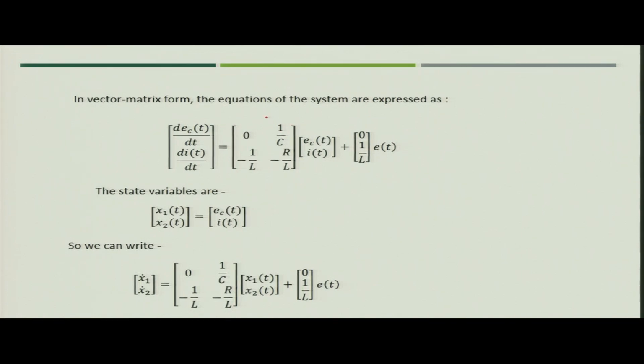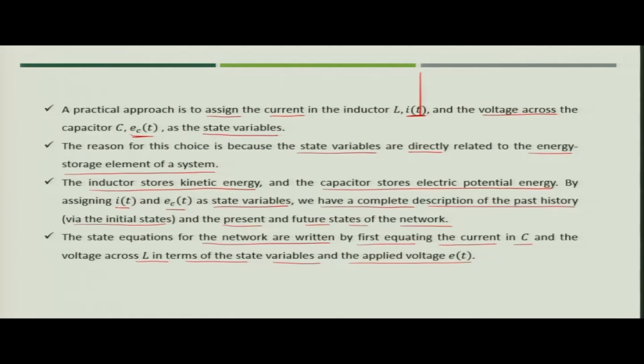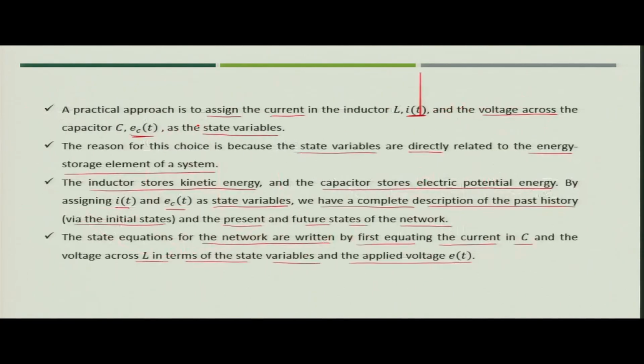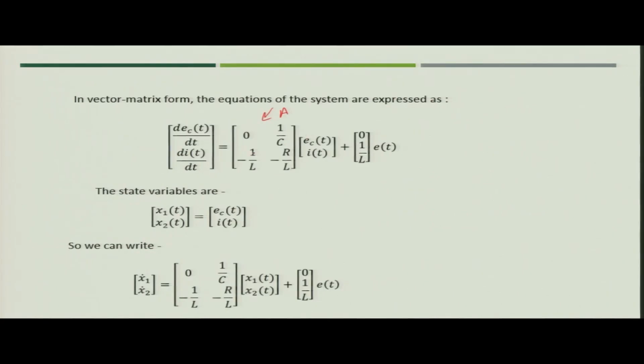So, the components of the A matrix will be 0 and 1 by C in this case. For the second equation, that is the value of dI by dt, we can write for Ec it is minus 1 by L, and for I it is minus R by L. So, we can compile it: against Ec we write minus 1 by L, and against I we write minus R by L.